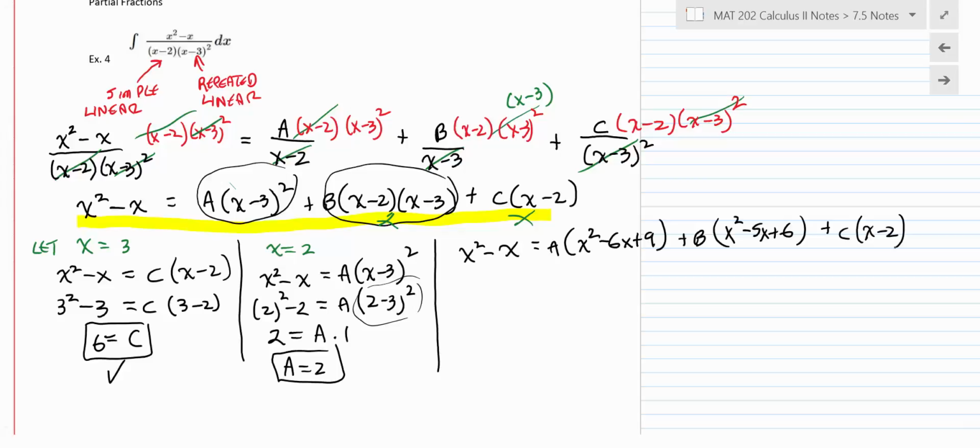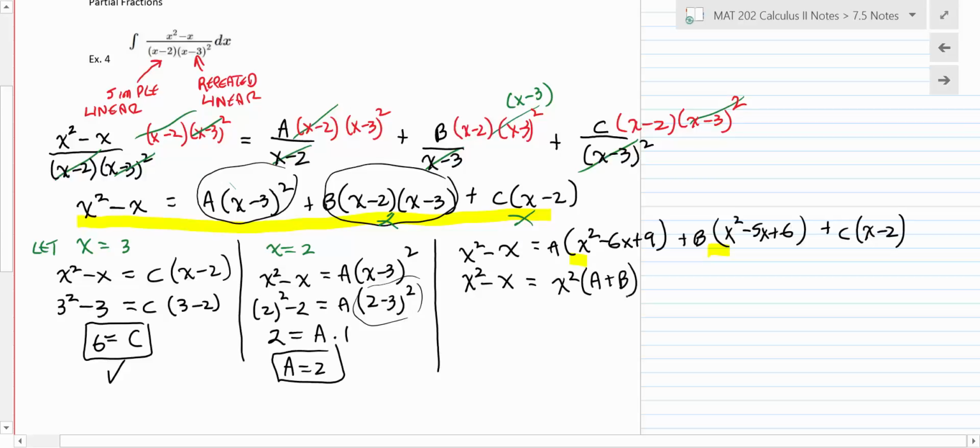Okay? Now what I want to do is see if you can do this in your head. I mean, if it's necessary for you to multiply all that stuff out and regroup, then do that. But it's kind of nice to do this in your head also. So what I'm going to do is look at all these x squareds and put those together. Okay, so if I do that, I would have x squared times a plus b. And I'm just factoring that x squared out of that piece right there.